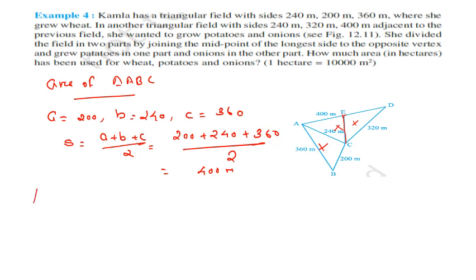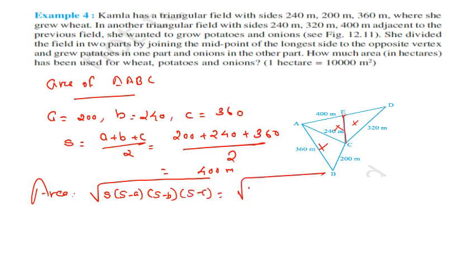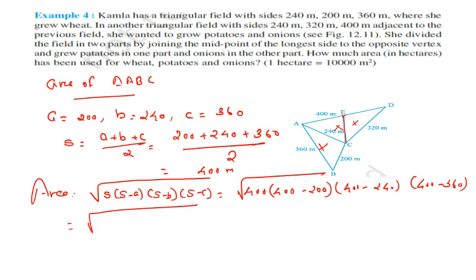Now what is area? Area is equal to root of s into s minus a into s minus b into s minus c. 400 into 400 minus 200 into 400 minus 240 into 400 minus 360 is equal to root of 400 into 200 into 160 into 40.